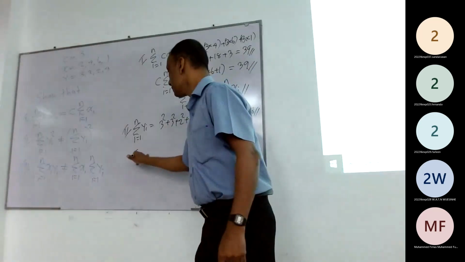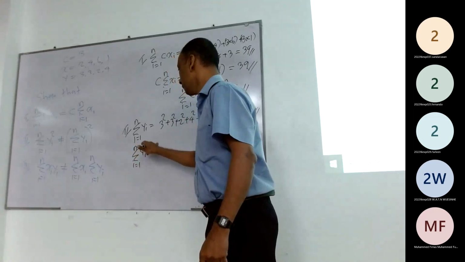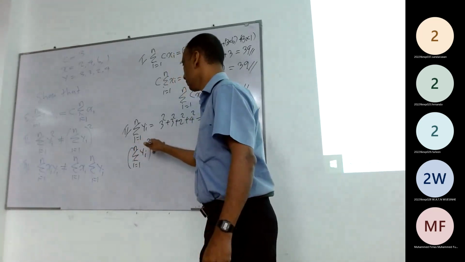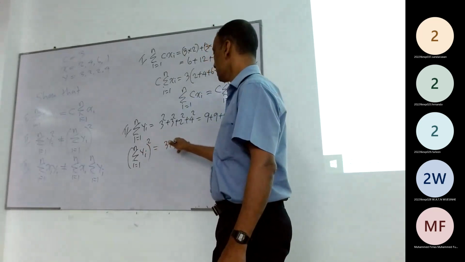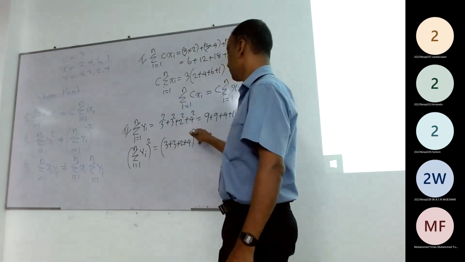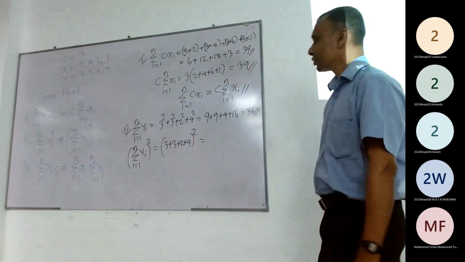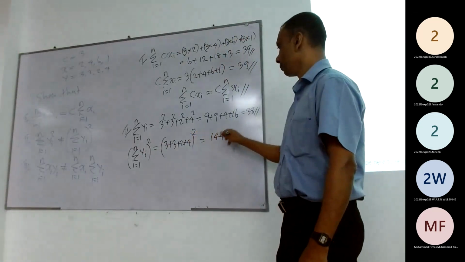The next one, sigma i equals 1 to n yi whole squared. 3 plus 3 plus 2 plus 4, 12 square, 144.